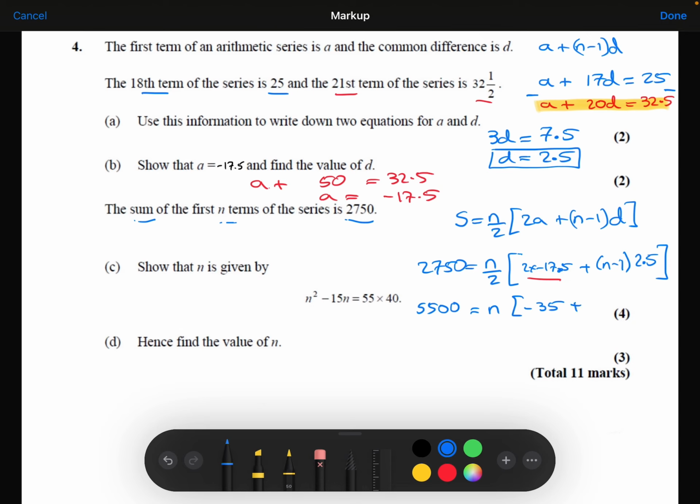Then we've got the n times 2.5 is 2.5n. And the minus 1 times 2.5 is minus 2.5. Collecting up the like terms inside that bracket, we've got 2.5n minus 37.5.